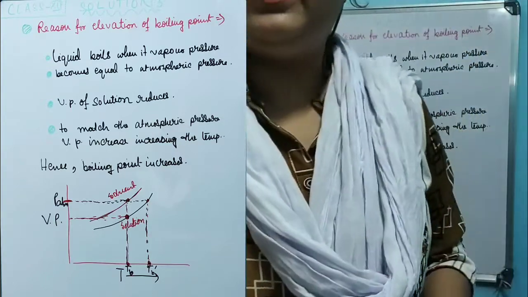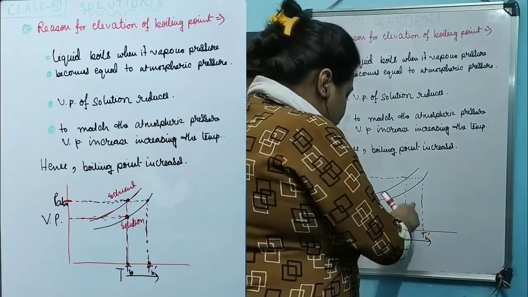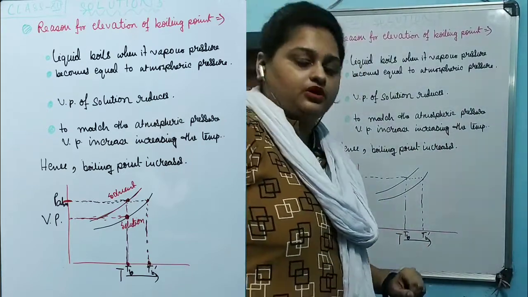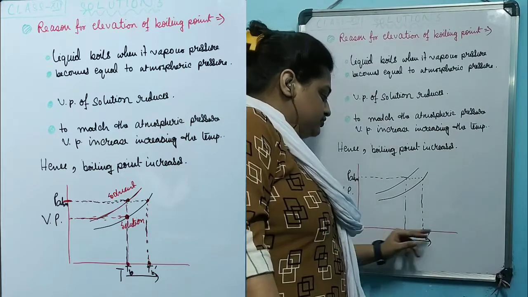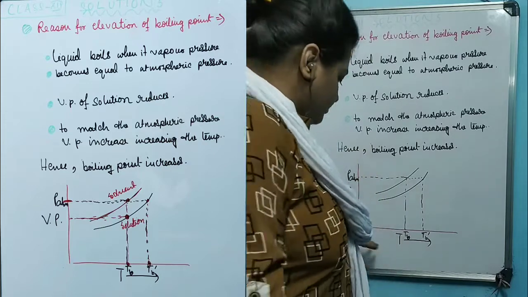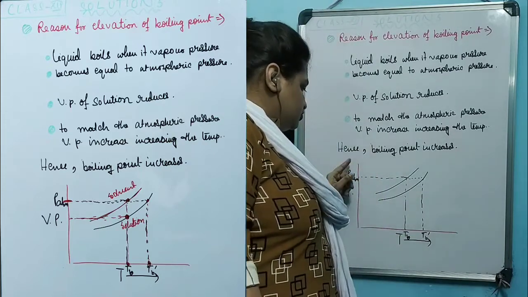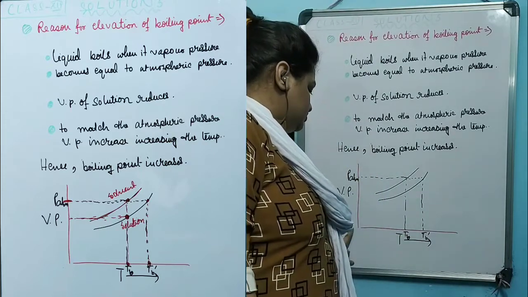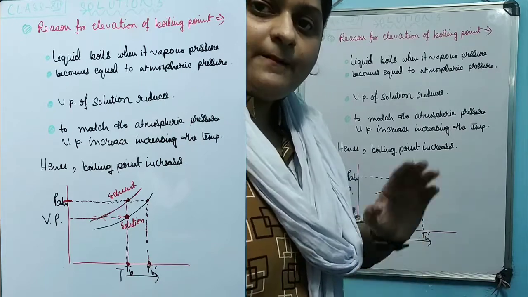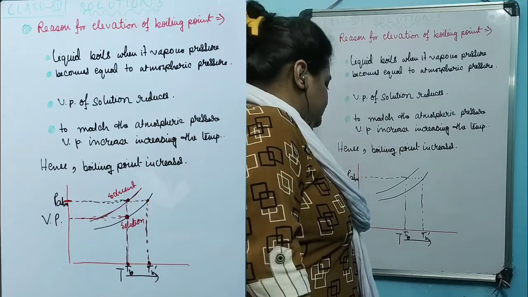Now this can be observed very practically through this plot. This is a temperature versus vapor pressure plot. Going from left to right along the temperature axis, temperature increases. Going upward along the pressure axis, the pressure increases.